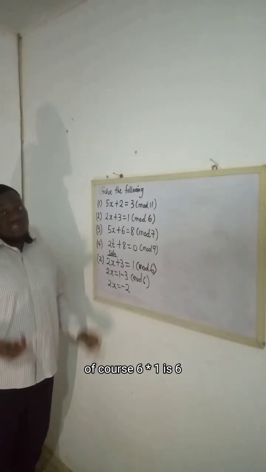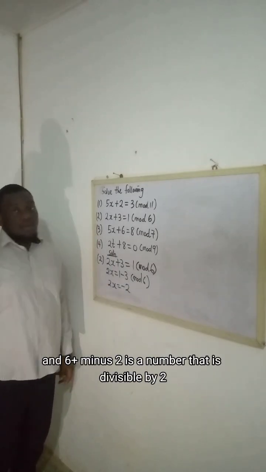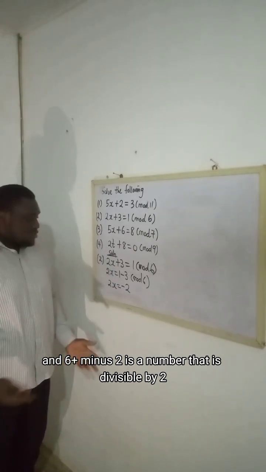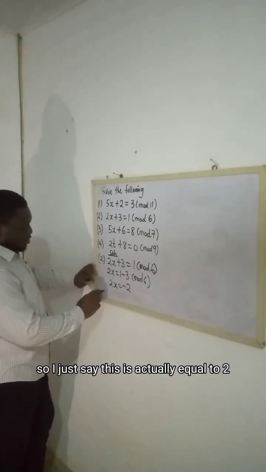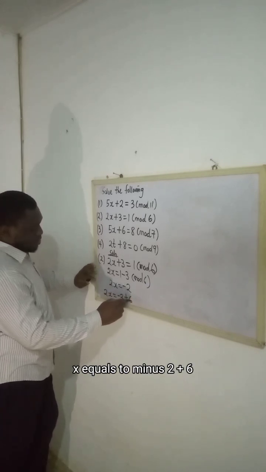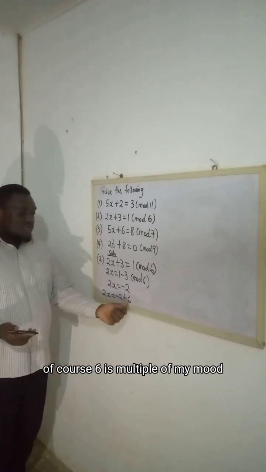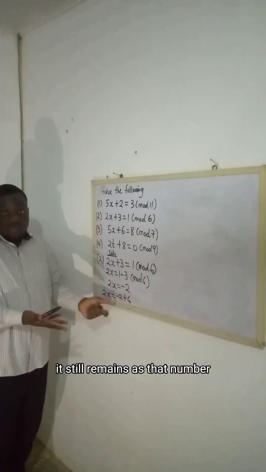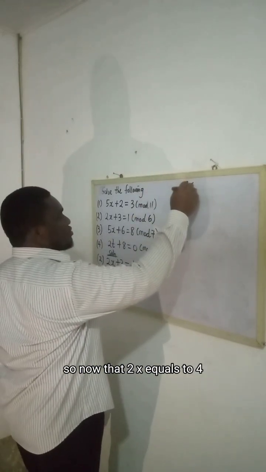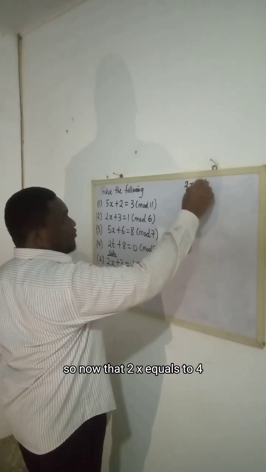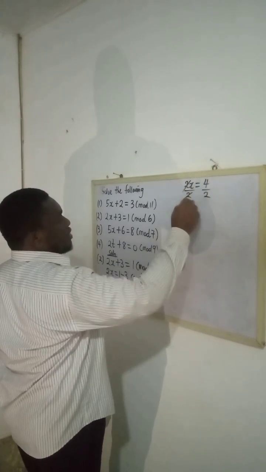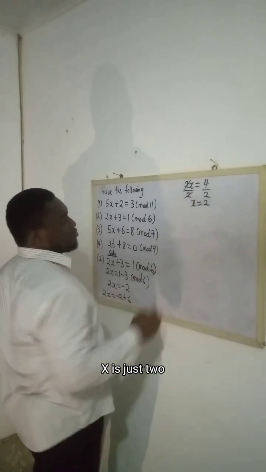Of course, 6 times 1 is 6, and 6 plus minus 2 is a number that is divisible by 2. So I just say 2x equals minus 2 plus 6. Since it is a multiple of my mod, it still remains as that number. So I have 2x equals 4, and by the time I divide both sides by 2, x is just 2.